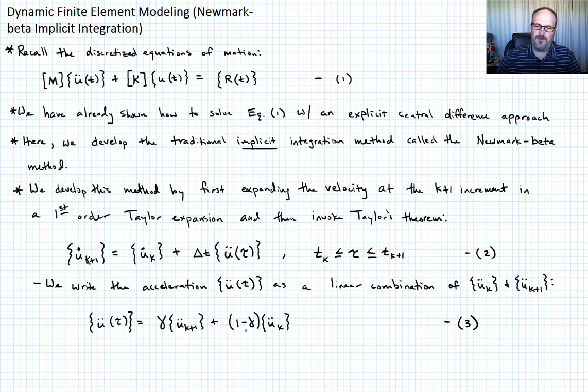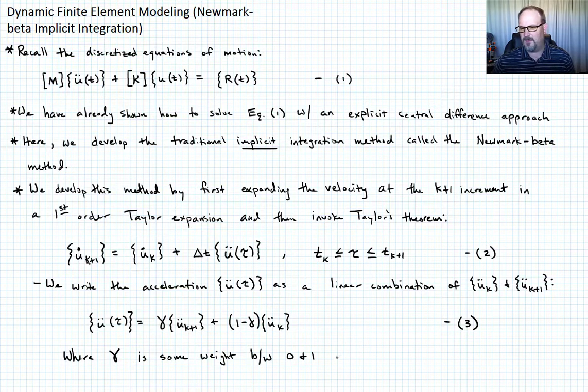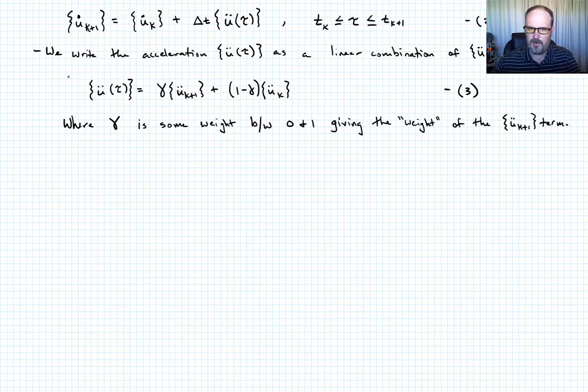If it's in between, then it's some weighting between them. So let me define that: gamma is some weight between 0 and 1 that gives the weight of the u double dot k plus 1 term. Now we're going to substitute equation 3 into equation 2.